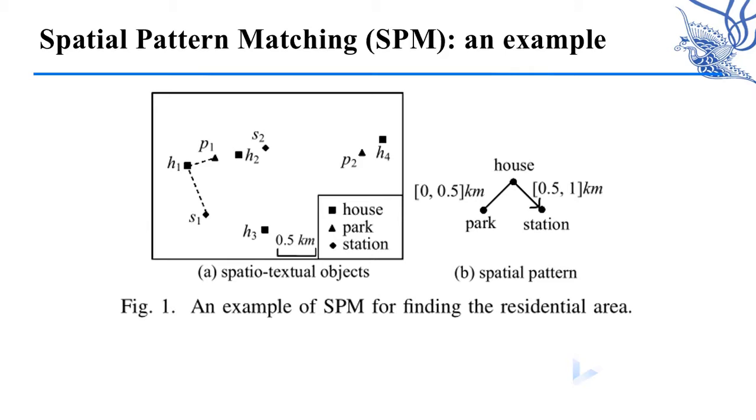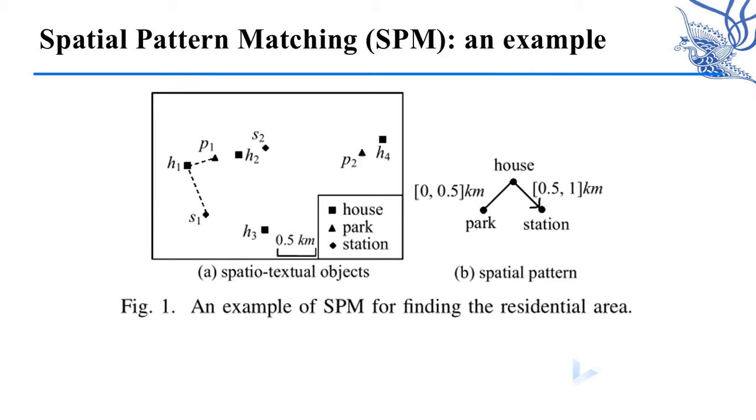Notice that the arrow from house to station means that there is no other station whose distance to the house is less than half a kilometer. Clearly, in Figure 1a, the three objects linked by dashed lines, that is H1, P1, S1, satisfy all the constraints in the pattern, and that's a match of the pattern.